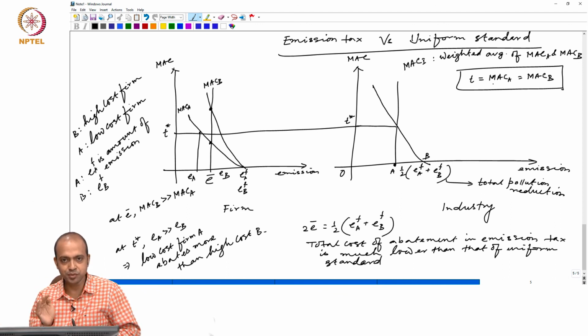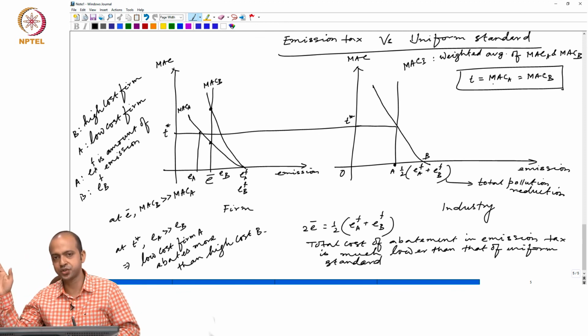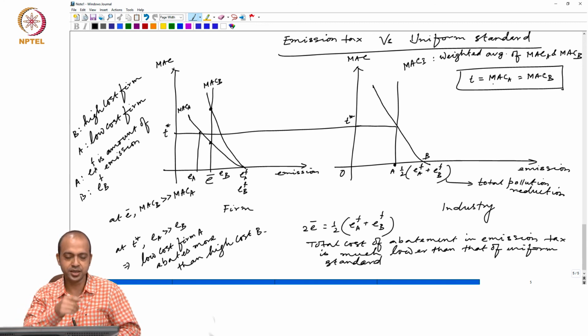The only objective is to contrast this market based instrument against a uniform standard, which we generally consider as command and control, because the policymaker is simply fixing an amount from the outside. No flexibility is given to the firms to decide their amount of pollution control based on their marginal cost of abatement, which is the case in the context of emission tax.